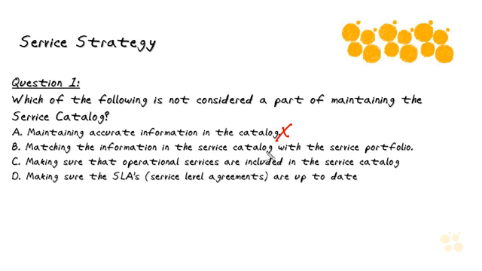Matching the information in the service catalog with the service portfolio? Yep, that's part of it too. Making sure that the operational services are included in the service catalog? We mentioned that as well. That leaves us with one final answer, which is the correct answer: making sure the service level agreements are up to date. What does that deal with? That deals with SLM, service level management, and we'll talk about that later on in our Nugget series.